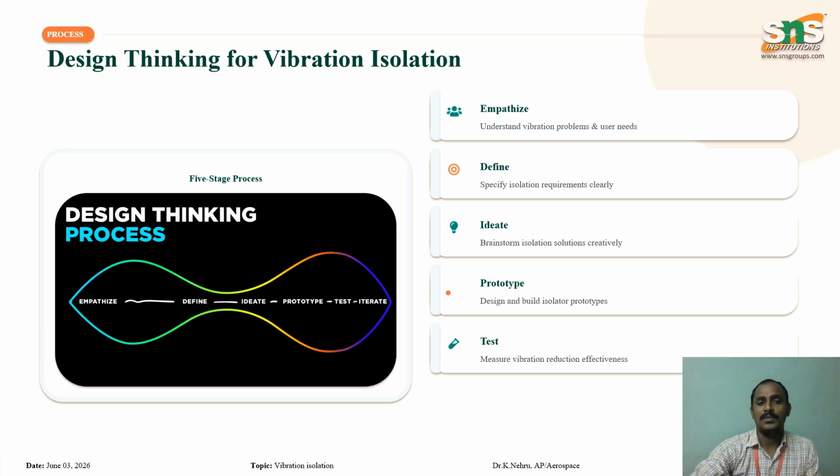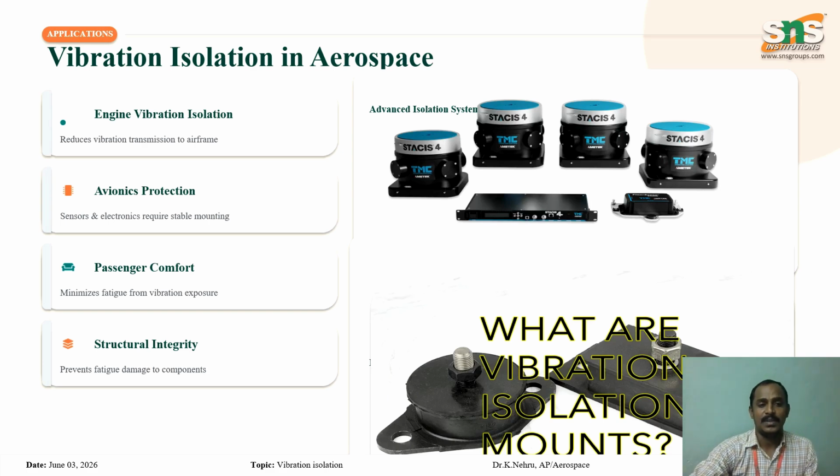Coming to the prototype, develop a working vibration isolator. It may be tested using CAD model simulations or a physical prototype, and a final test can measure the absorption and isolation of vibration. This iterative process leads to better engineering solutions for the vibrating system.